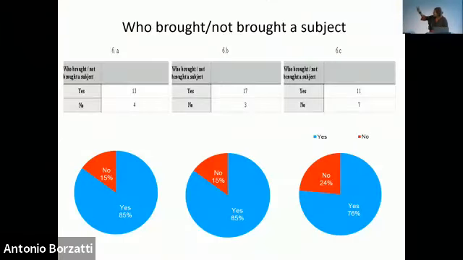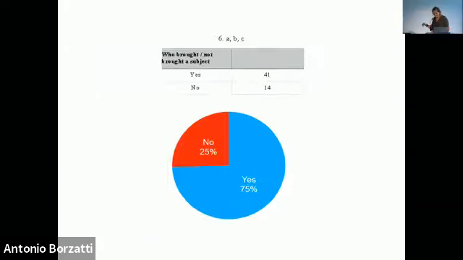Who did not bring a subject? It was approximately the same in all 3 classes. Altogether, a quarter did not bring one, for different reasons. But I was quite satisfied. It was a way that I was able to work.